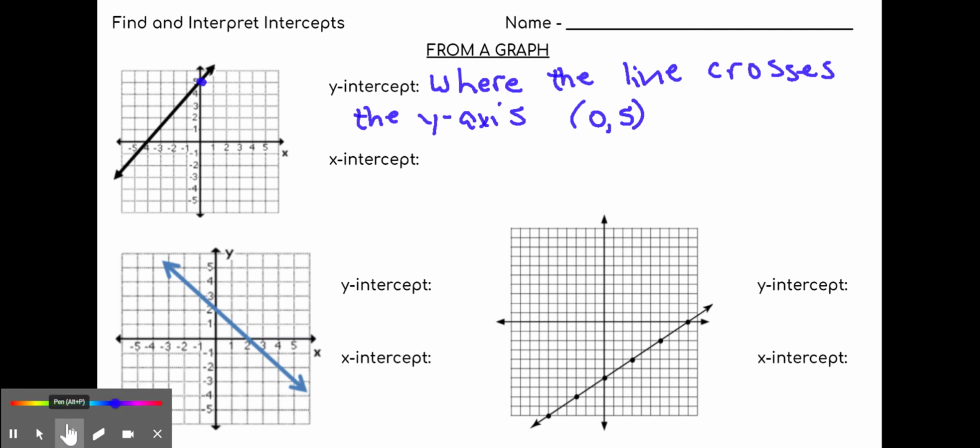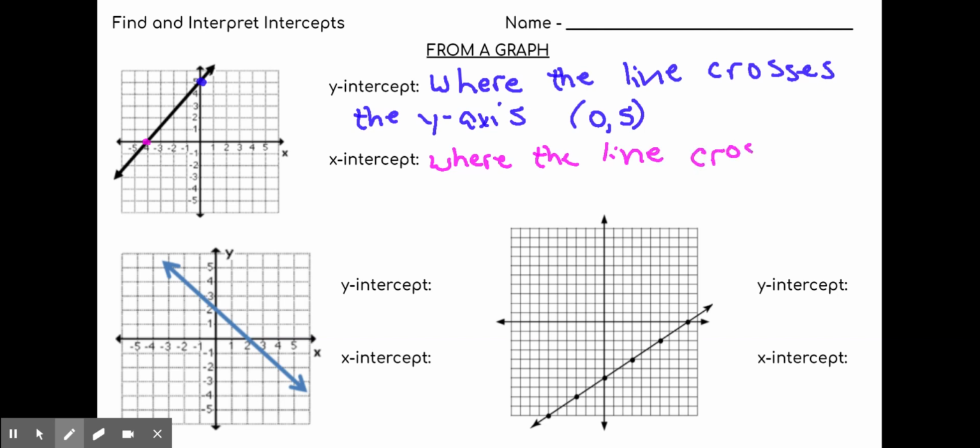All right. Now we have completely ignored the x-intercept so far, but the x-intercept usually exists, and that would be wherever the line crosses the x-axis, right? Makes sense. So where the line crosses the x-axis.